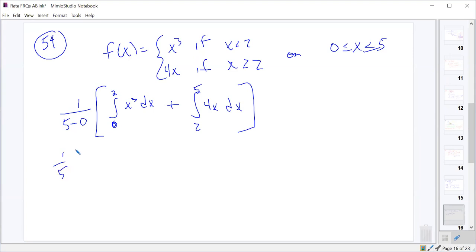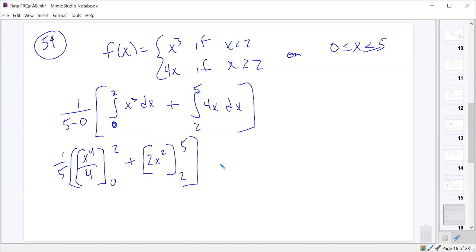So we've got 1/5 of x to the 4th over 4 from 0 to 2 plus 2x squared from 2 to 5, or 1/5 of 4 minus 0 plus 50 minus, what is that, 8.